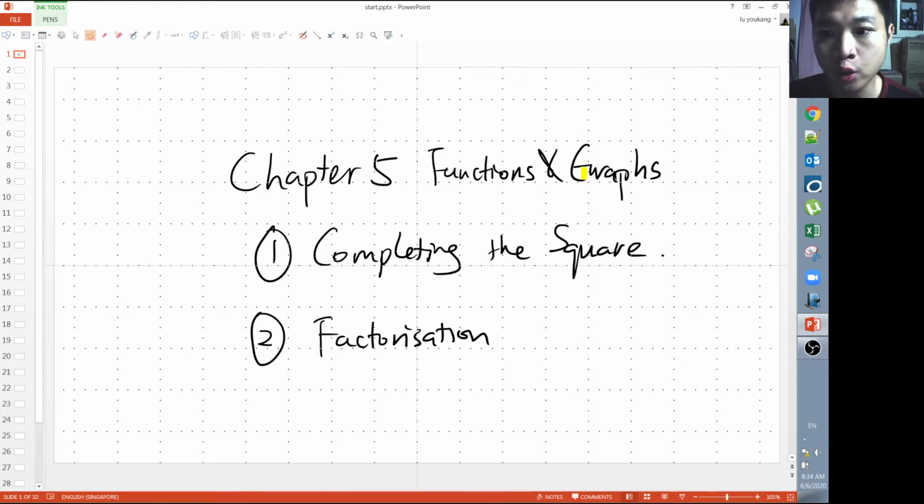We are going to talk about graphs here, and these are the two methods you can use to sketch your graphs. Today we will focus on method 2 here, factorization. Without further ado, let me go to the next slide.